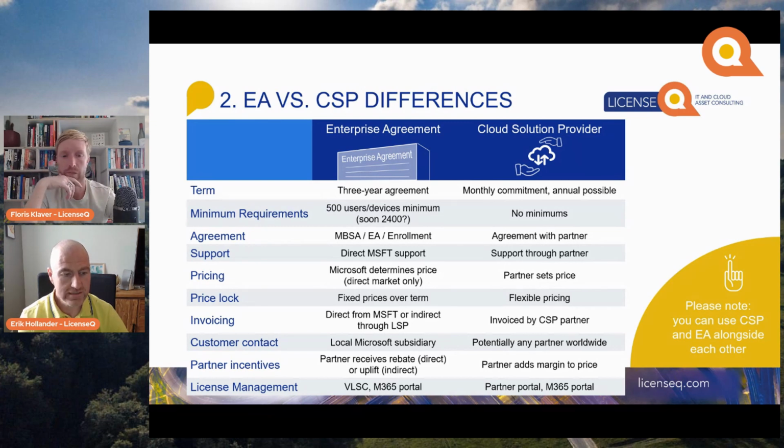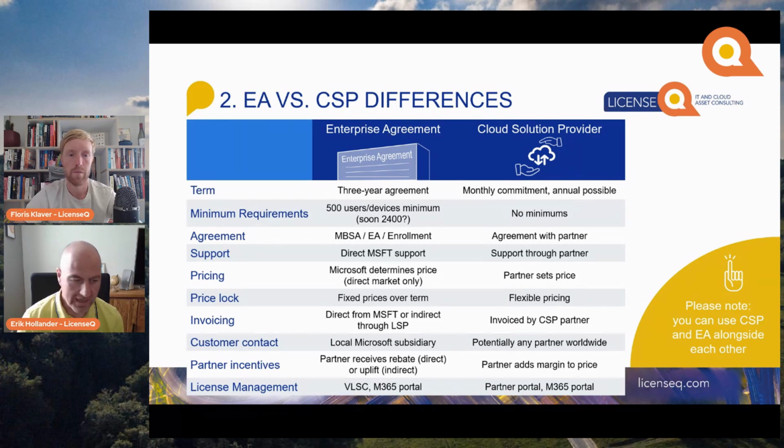Partner incentives, and this one is very interesting. We've seen that Microsoft has not been too nice to the LSP market, and they have been reducing the incentives in the past years, and that's becoming less and less. Still a lot of money, but it's becoming less and less. Within the CSP model, we see that the margins and the rebates that are granted are far higher than they are in the enterprise agreement model.